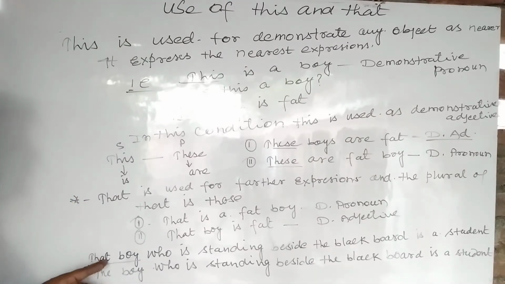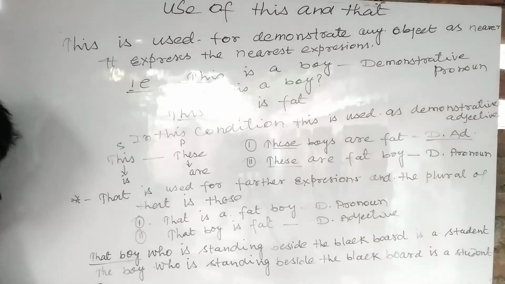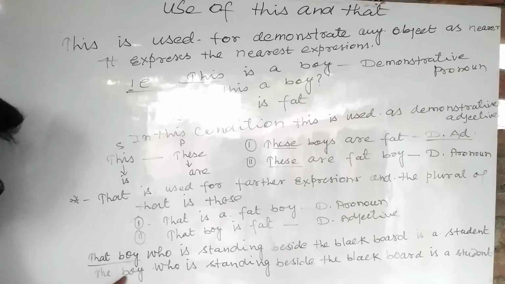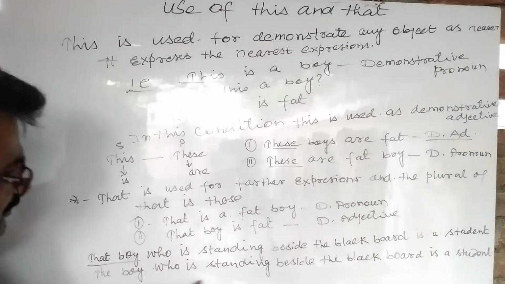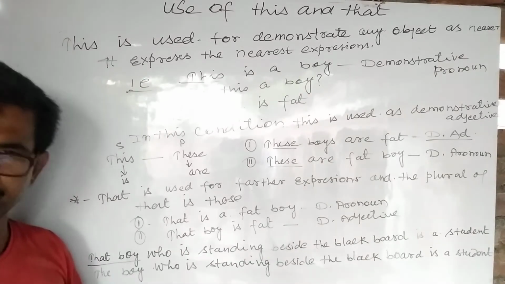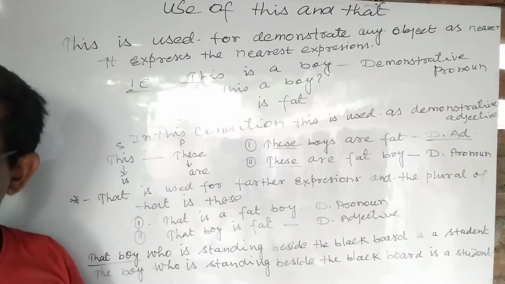Now here is the demonstrative adjective and the is also a demonstrative adjective. Both are same. The boy who is, particularizes the article here, वही लड़का who is standing beside the blackboard, जो blackboard के बगल में खड़ा है, is a student, एक छात्र है.